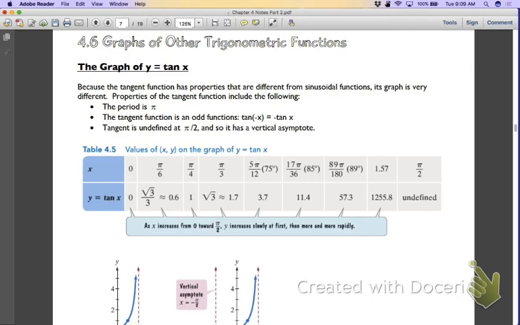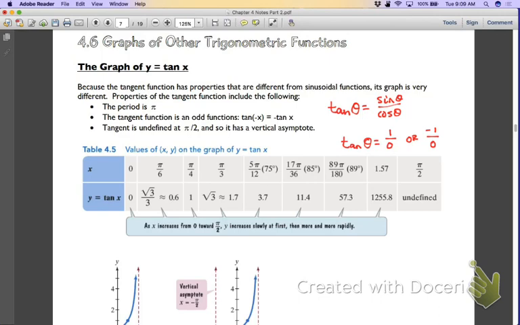So if tangent of theta is equal to sine of theta over cosine of theta, there are basically two spots where our sine value is a 1 and our cosine value is a 0, or our sine value is a negative 1 and our cosine value is a 0.